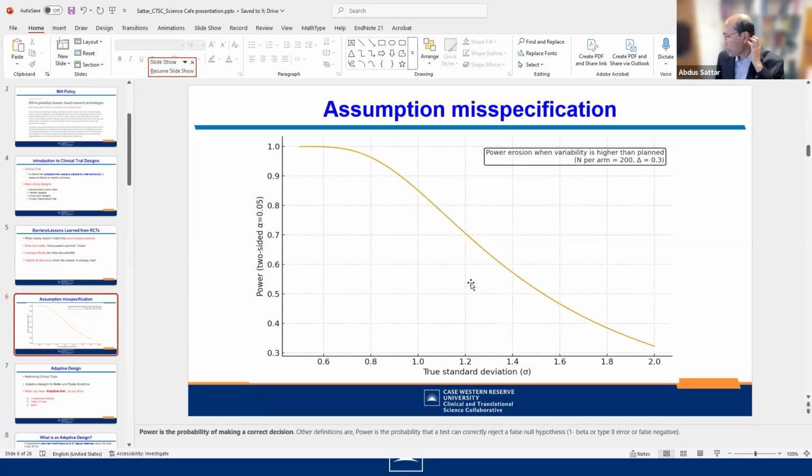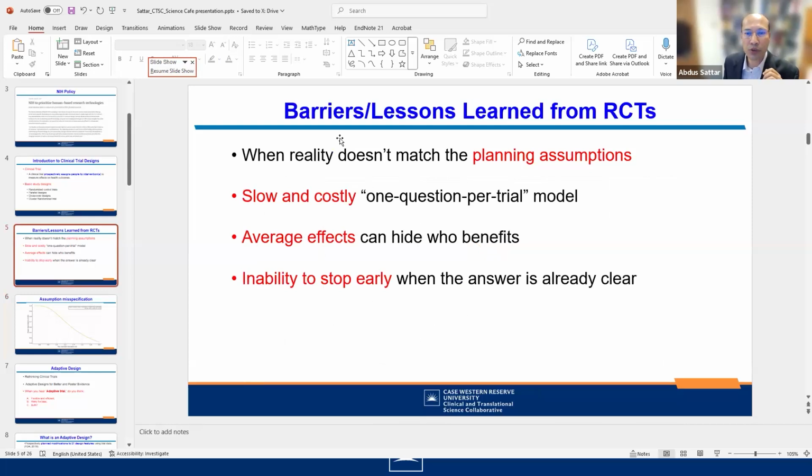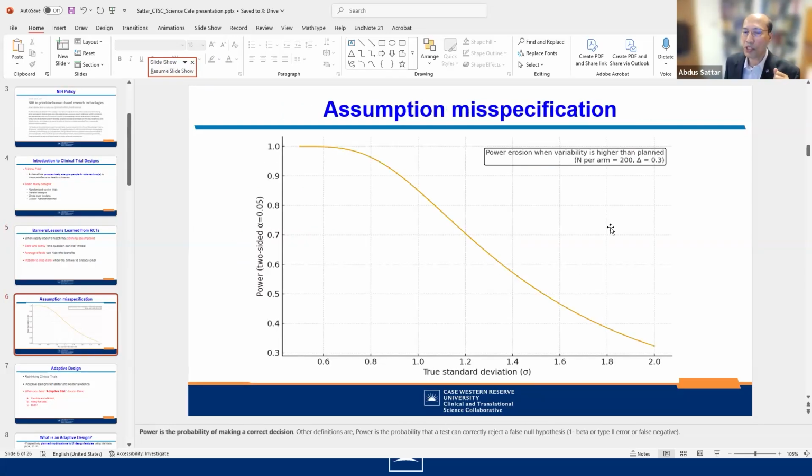As I mentioned in the first bullet point, there is misspecification of assumptions in the computation of the sample size. We assume a certain mean and standard deviation. For example, say you assume a study endpoint with a normal distribution, with a standard deviation of 1, and we compute the power with a certain sample size.